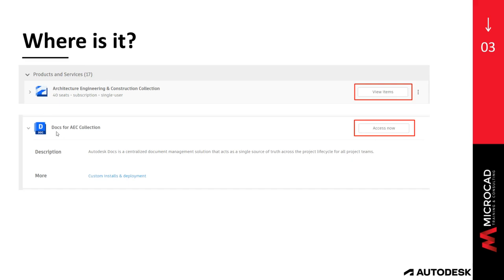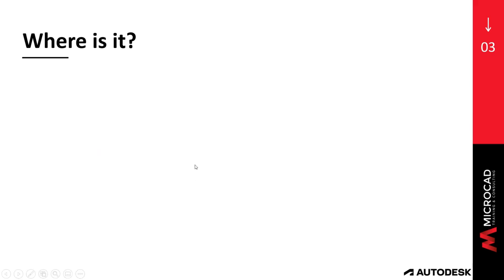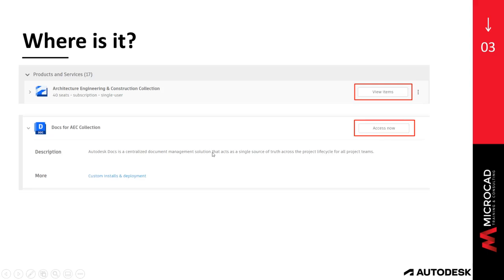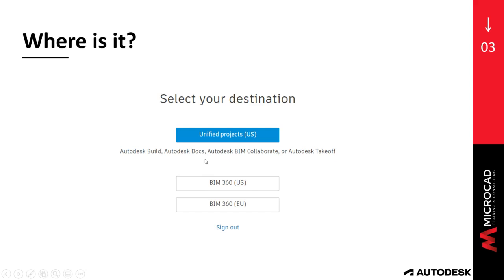So once you're here and once you notice that you have access to your DOCS, the next thing that you're going to find out is when you access it, because you're going to click access now, you're going to get to this browser site. It is going to ask you to select your destination.